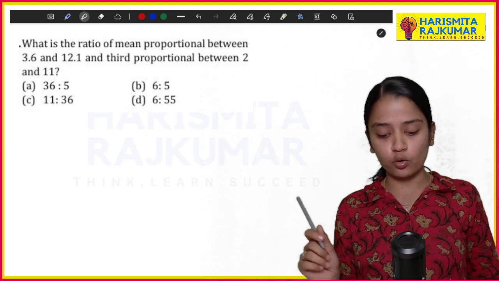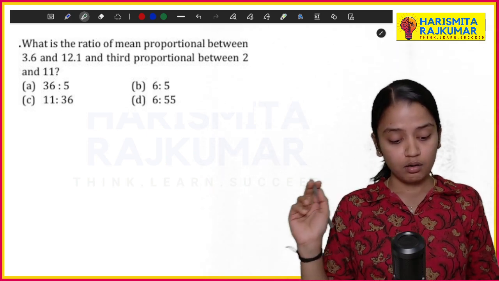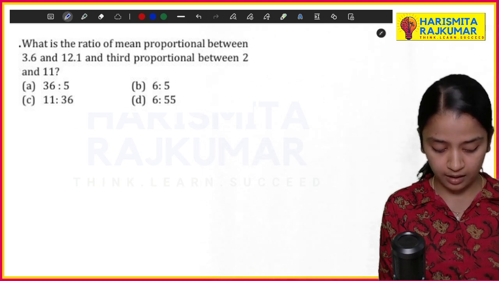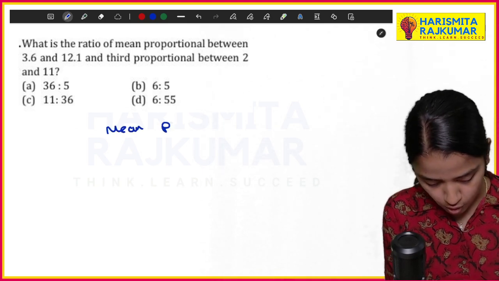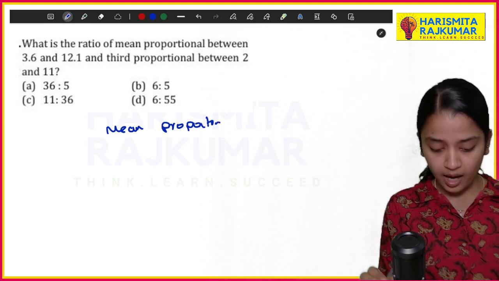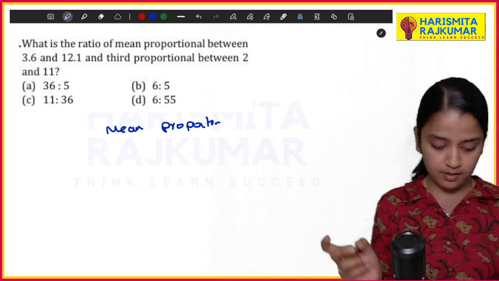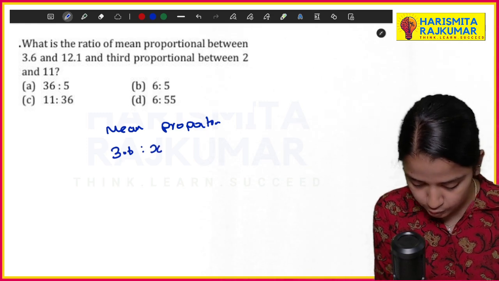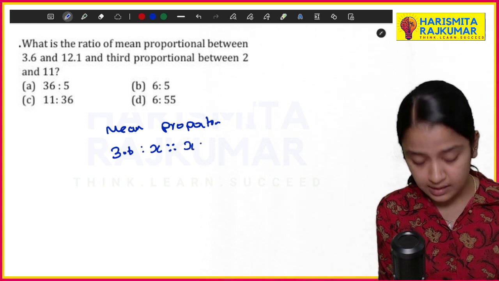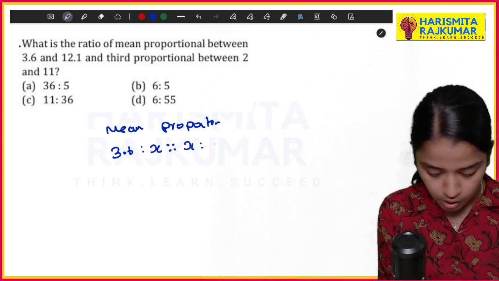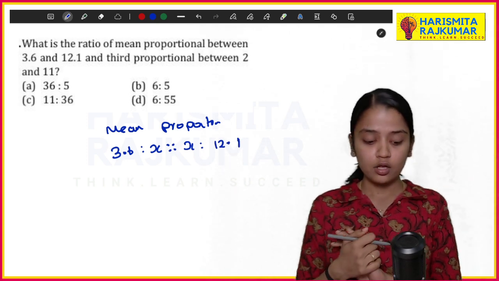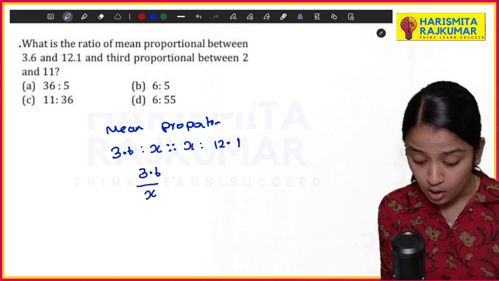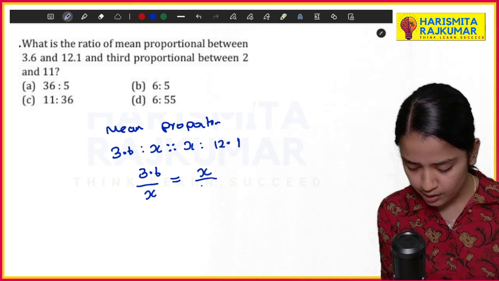and the third proportional between 2 and 11? For the mean proportional, let me give you a formula. They asked for the mean proportional between 3.6 and 12.1. So 3.6 is to x as x is to 12.1. You can write this as 3.6 by x equals x by 12.1.